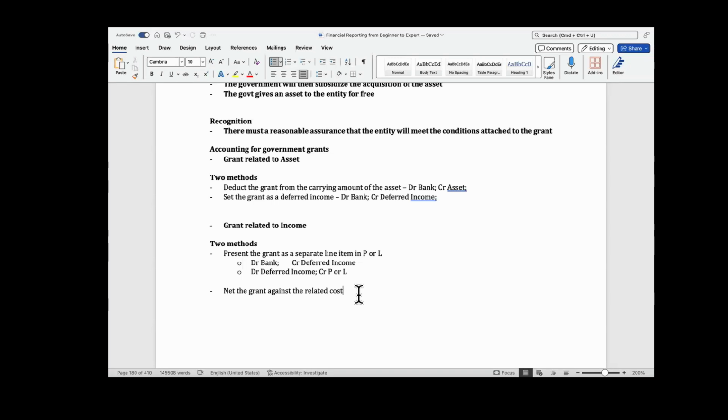All you need to do is net it off against the related costs. The cost you incur is 3 million, but the government subsidized 1 million, so you do 3 minus 1, and what will show in your books is just a net of 2. That is also an allowable way of treating grants related to income.